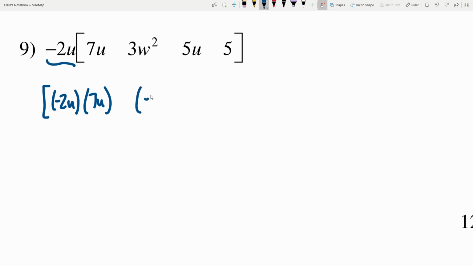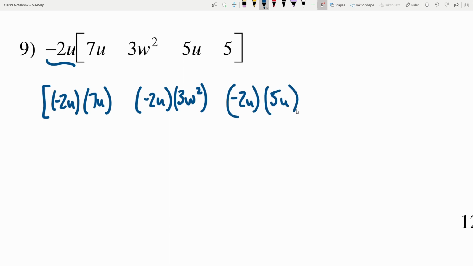And then we'll have negative 2u times 3w squared for our first row, second column. And then negative 2u times 5u for our first row, third column. And then lastly, first row, fourth column, that's going to be negative 2u times 5.